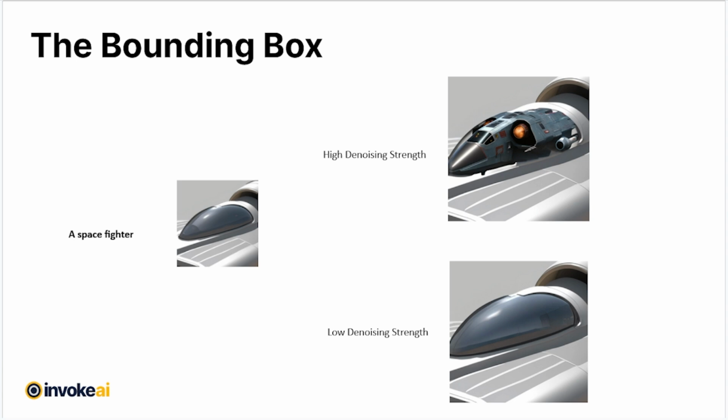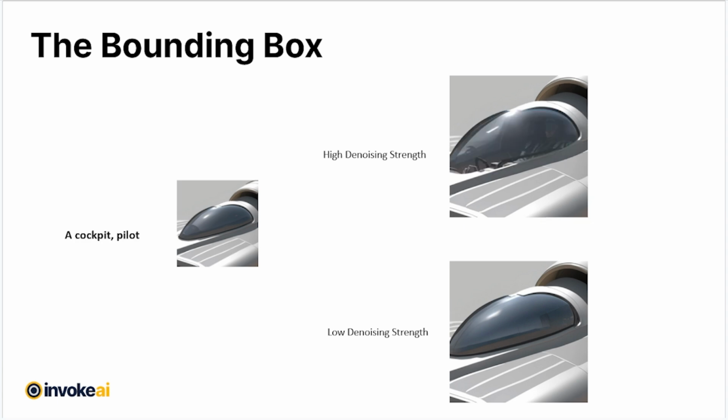Now we can always get around that by doing low denoising strengths so that the AI model doesn't have as much freedom, isn't generating as much new content, and as a result is really just doing smaller details to match the prompt. But a better way to think about how to work around this is by changing the prompt itself when we're doing a smaller generation. When we're focused in just on this area of the space fighter, we're not really prompting for an entire space fighter.